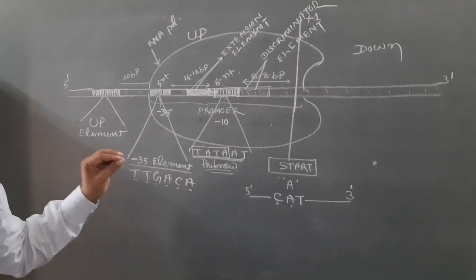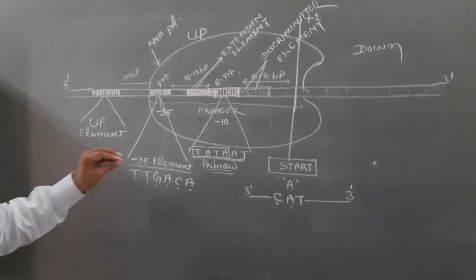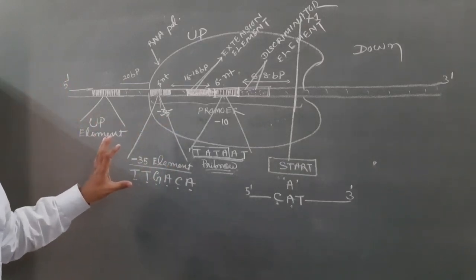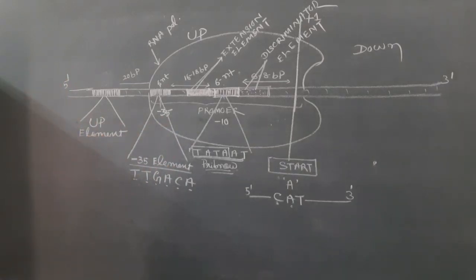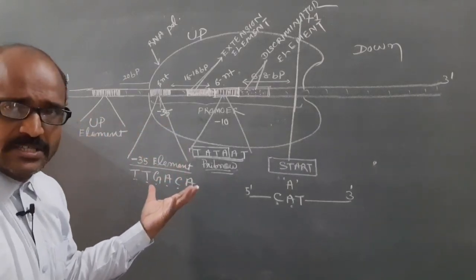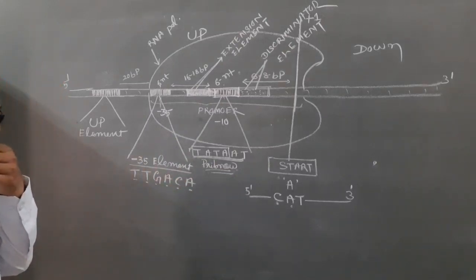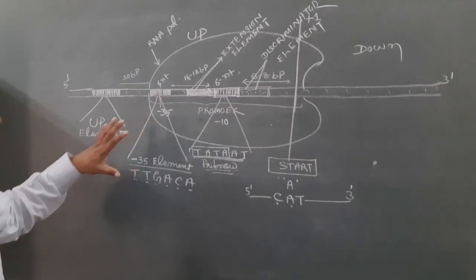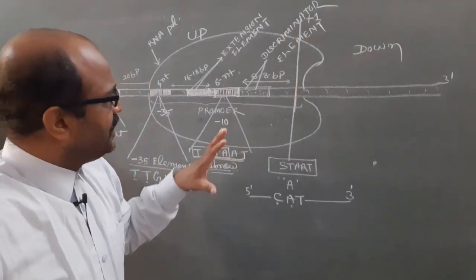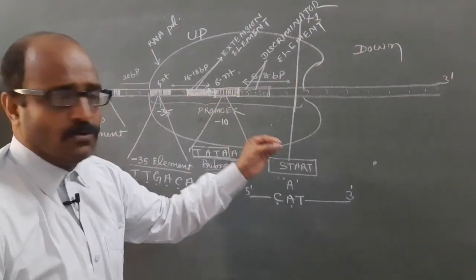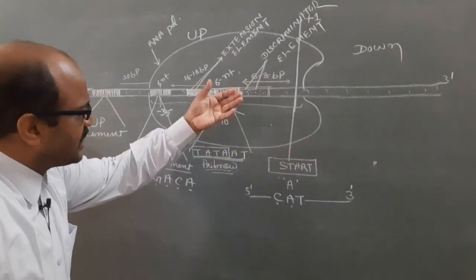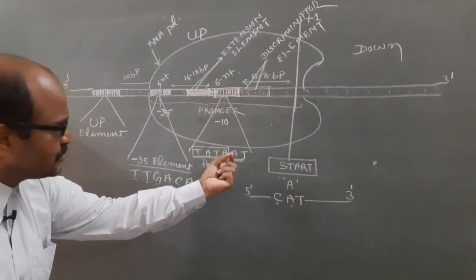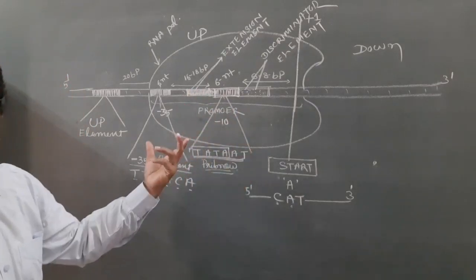The promoters with sequences close to this consensus sequence are known as stronger promoters. So what is the meaning of the stronger promoter? A stronger promoter means how many transcripts, how many segments of RNA, will be produced in a given time.